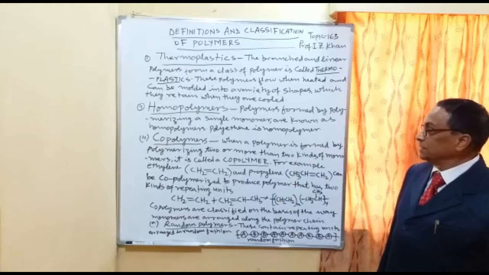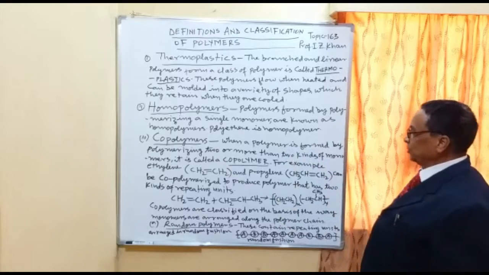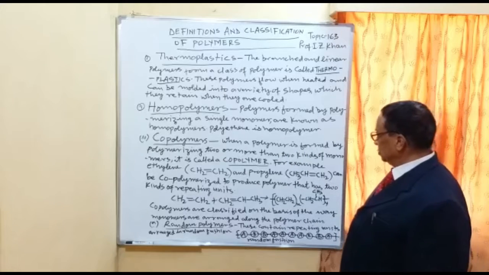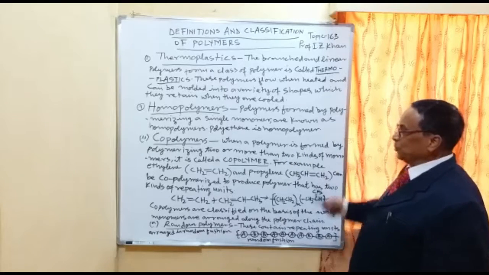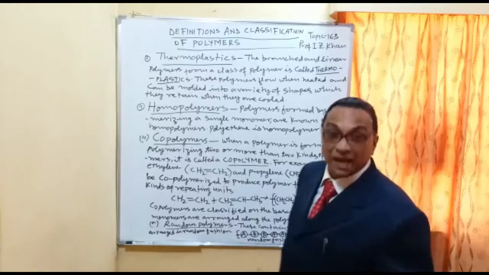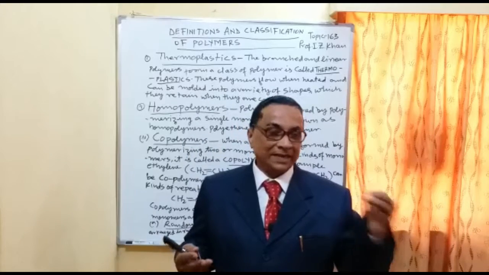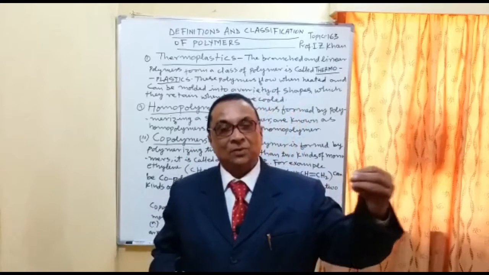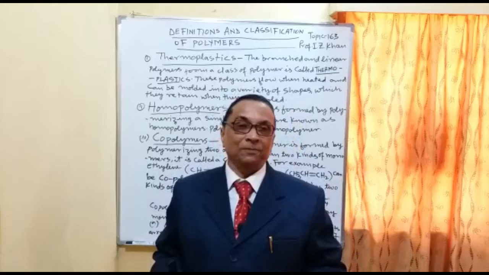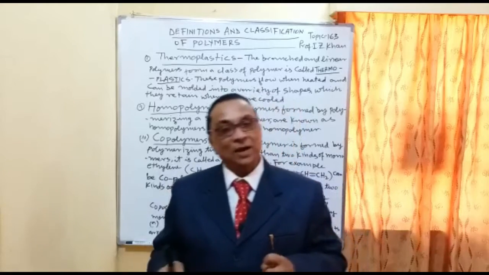Then the third one is copolymers. When a polymer is formed by polymerizing two or more than two kinds of monomers, it is called copolymers. When there are more than 1 or 2, 3 types, A, B, C, D, like that. One is A type, other one is B type, third one is C type. So different types of monomers are chained in the form of polymers.